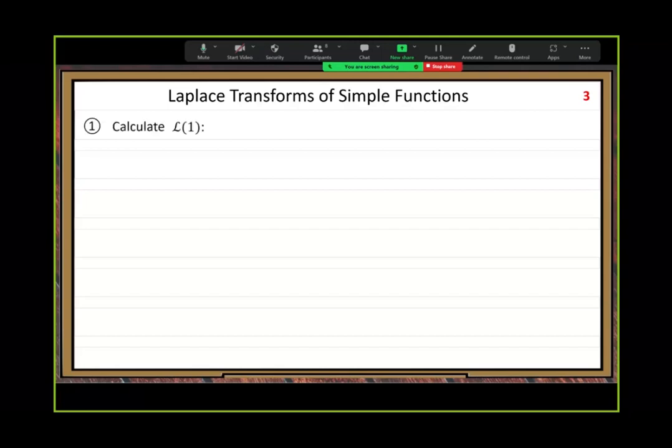All right, the first one, let's calculate the Laplace transform of 1, constant 1. By the definition, here I put the Laplace transform definition there. So we take that integral here. It's easy, you treat S as constant.